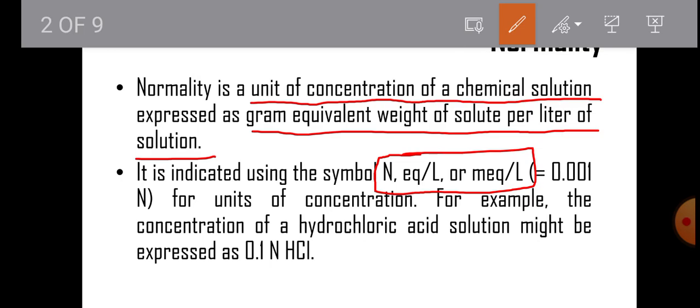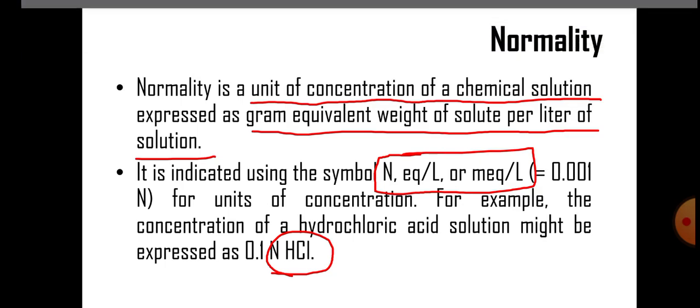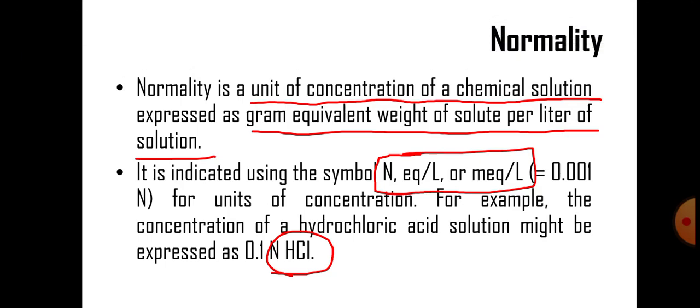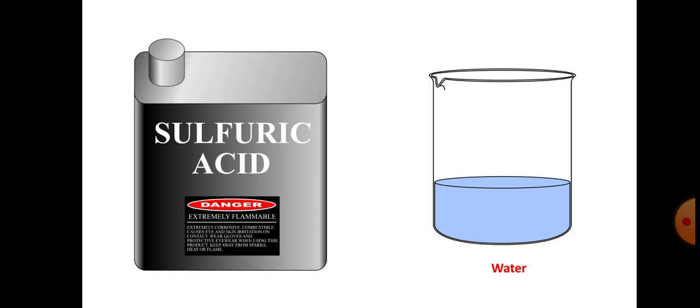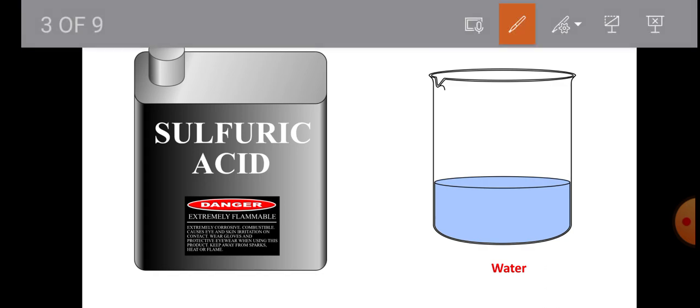So, this can be explained with a small example of the acids we commonly use in our laboratory, concentrated sulfuric acid and hydrochloric acid. Even in our biological chemistry laboratory, we prepare acid solutions.